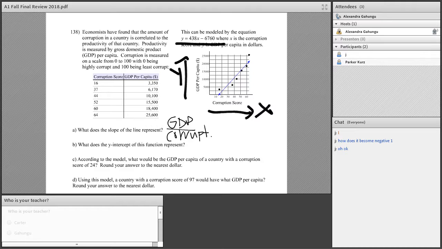Which just means that for every 438, because that's our slope, right? For 438 dollars, we go up 1 unit of our corruption score.